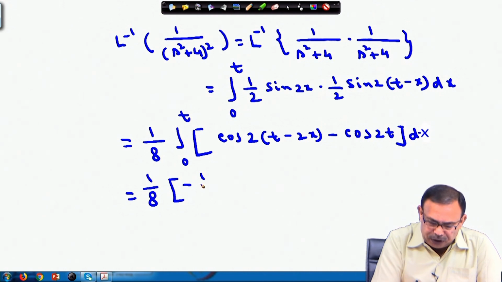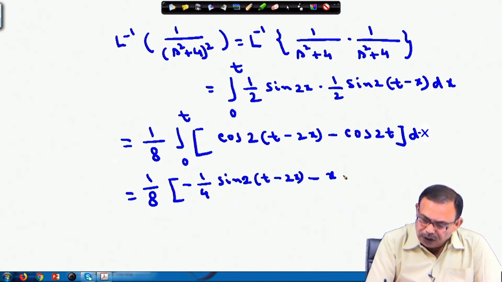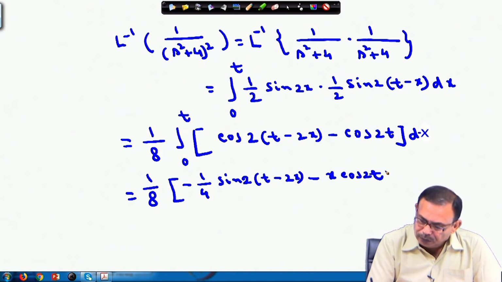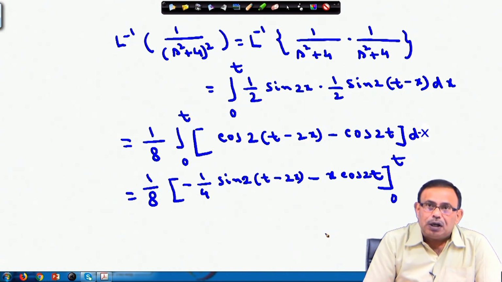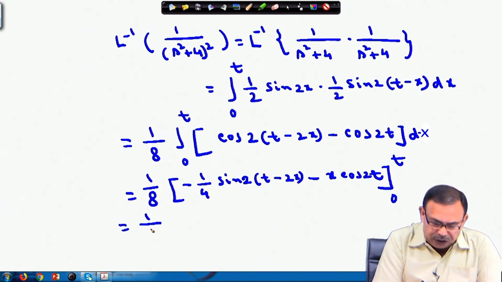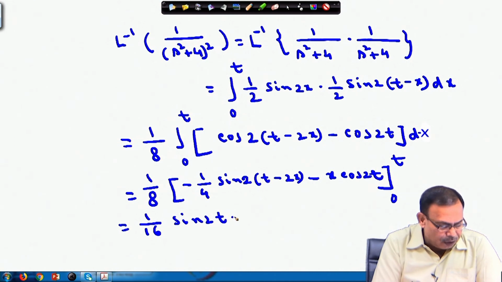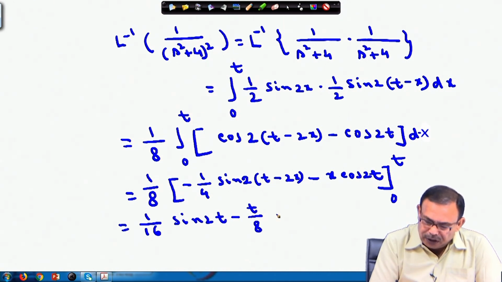So, that I will obtain minus 1 by 4 sin 2 into (t minus 2x), minus x into cos 2t, and the limit is from 0 to t. If I evaluate the limit, I will obtain this equals 1 by 16 sin 2t minus t by 8 cos 2t.